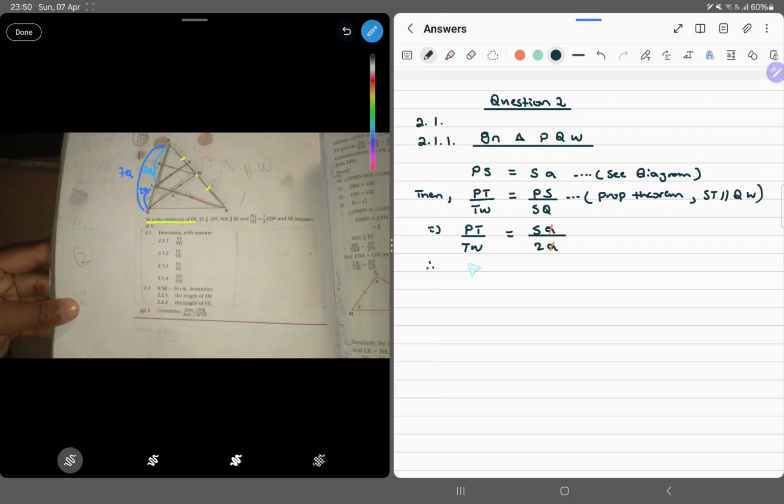And therefore we know that our PT over TW, from here you just drop the equal signs in the left and the right hand side. You are fine. So this is 5 over 2. Nice and easy, guys. So that ratio is good.